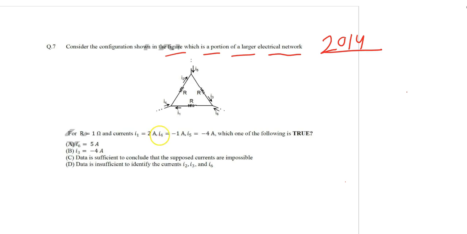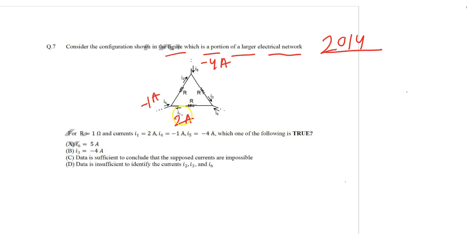Current I1 here is 2 ampere. I4 is minus 1 ampere. I5 is minus 4 ampere. Which of the following is true?